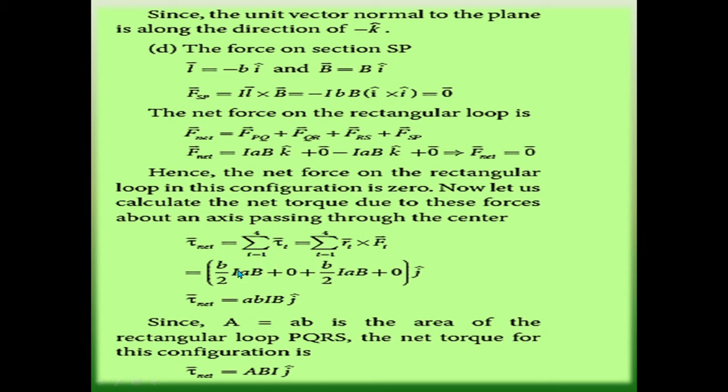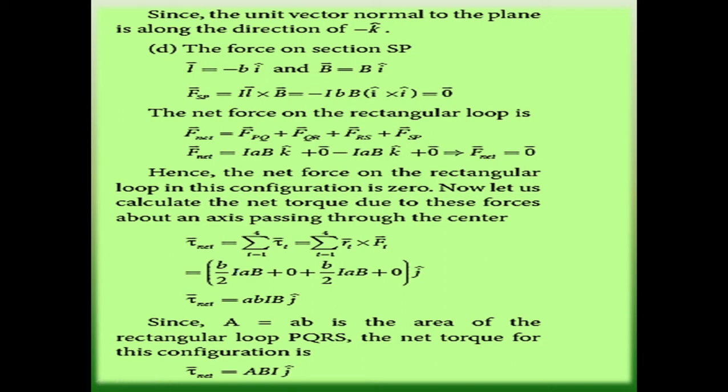Here the force acts at the center of the loop, that is why b by 2 into I a capital B, because the force acts at the center, and the loop can be divided into two parts.